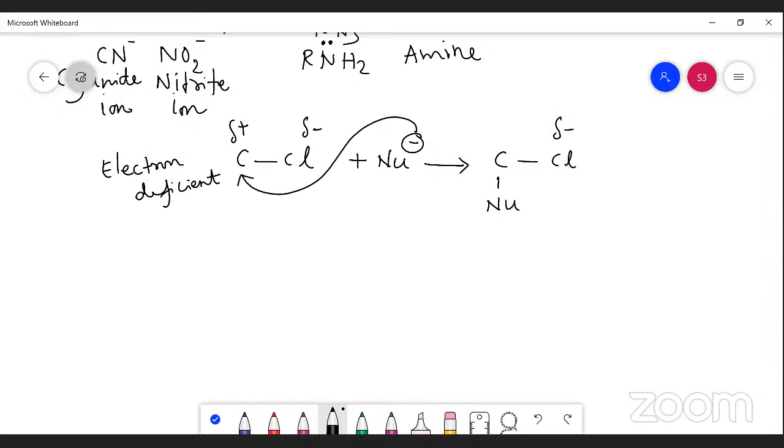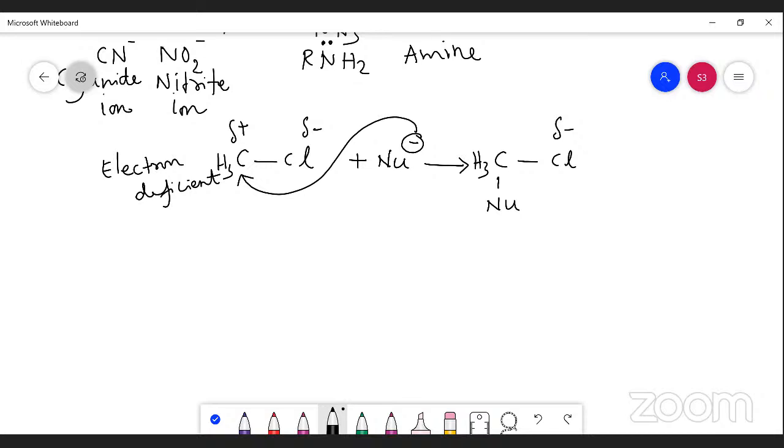I am indicating just one carbon with a Cl. For example, take methyl chloride, the haloalkane. Here CH3 will be present.